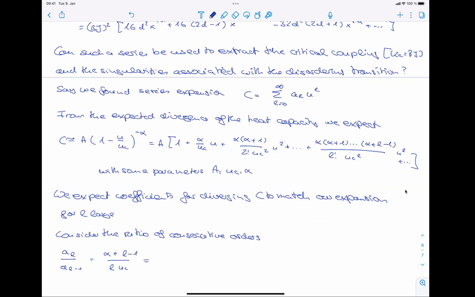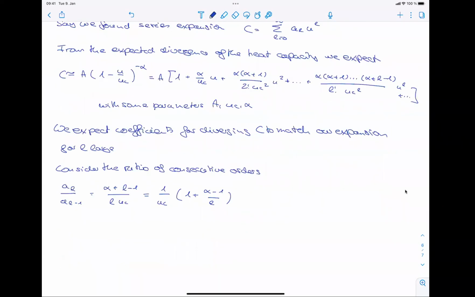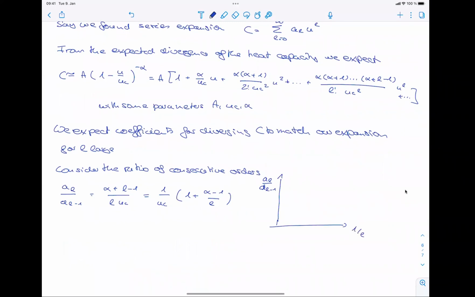This I can rearrange as 1 over u_c times 1 plus alpha minus 1 over L. And so this suggests the following graphical solution: if I were to plot A_L over A_L minus 1 in my expansion versus 1 over L, then I would have as a y-axis cutoff 1 over u_c, and the slope of this curve should be alpha minus 1 over u_c.